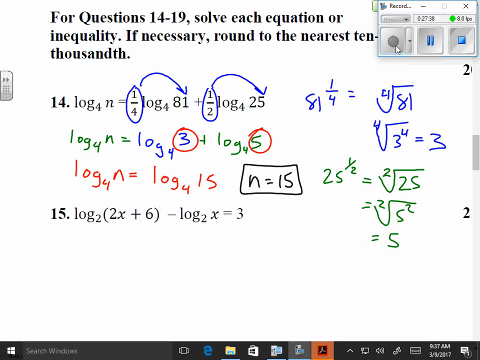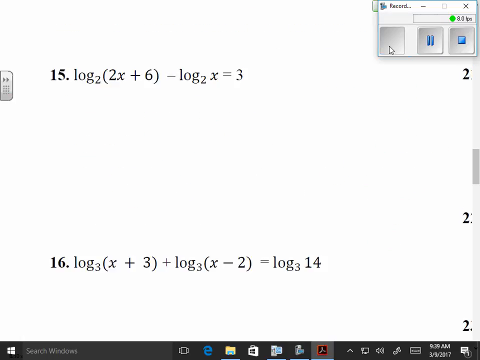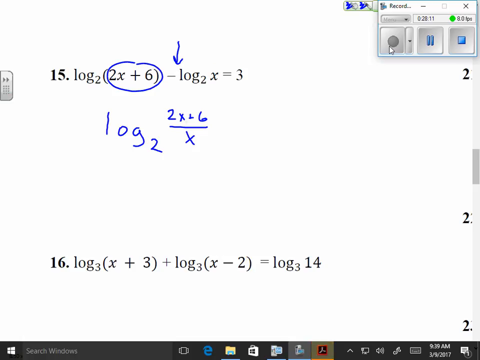What about 15? On number 15, it's similar, except we have subtraction. We don't have any coefficients out front to deal with, but we have subtraction. And what do we do with a double log of subtraction? We divide. It would be a log base 2 of 2x plus 6 over x, that divided by that, still equal to 3.